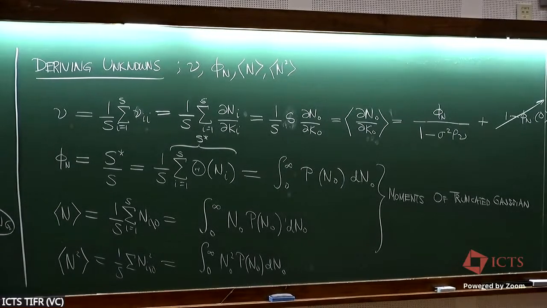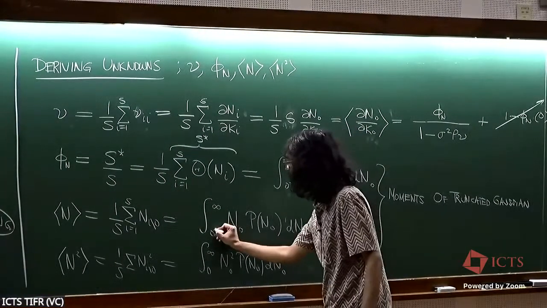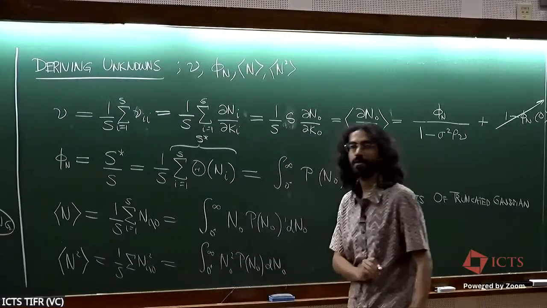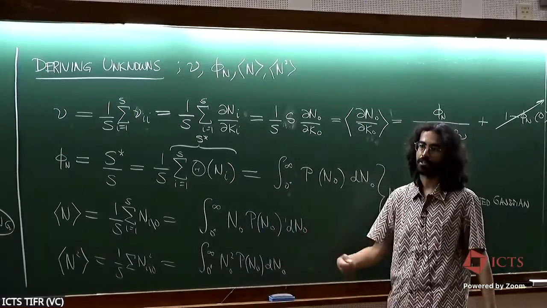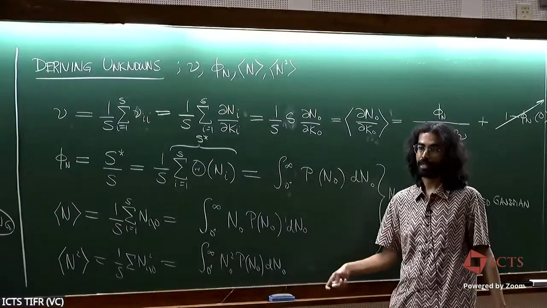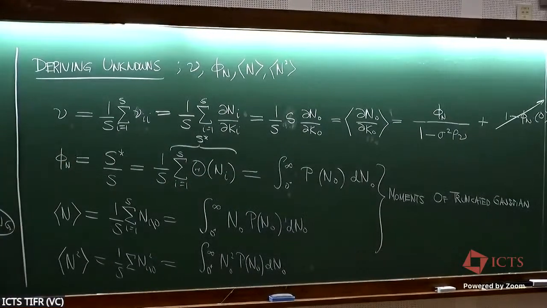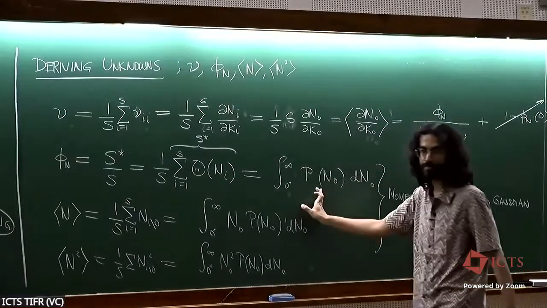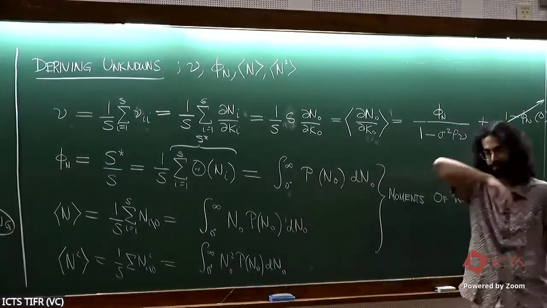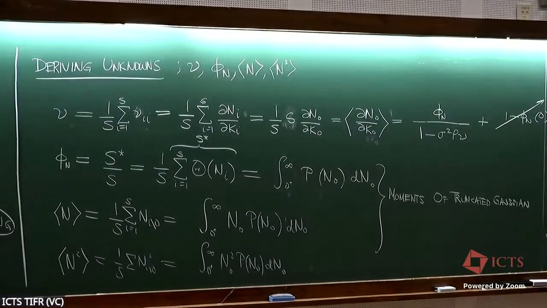So strictly speaking, what we are really doing here is this limit is actually 0 plus. These are all 0 plus, because you're only looking at the abundances of species that survive. That's what gives you the mean abundance. That's the bit that you're really missing out. And that's why it's not normalized, and that's why this is actually not 1, but some number less than 1. Great clarification.